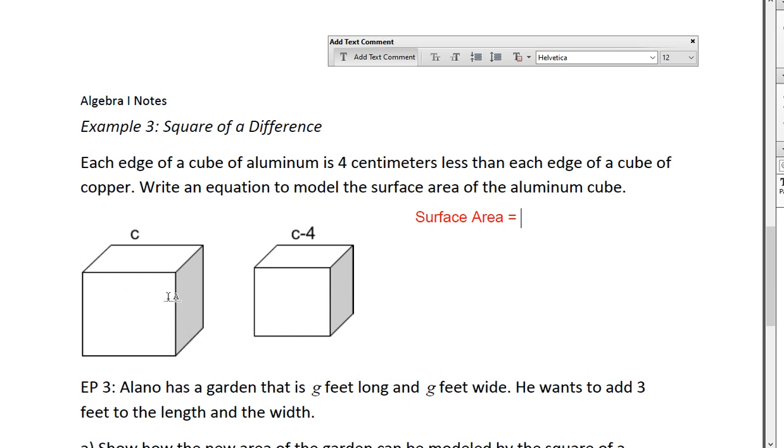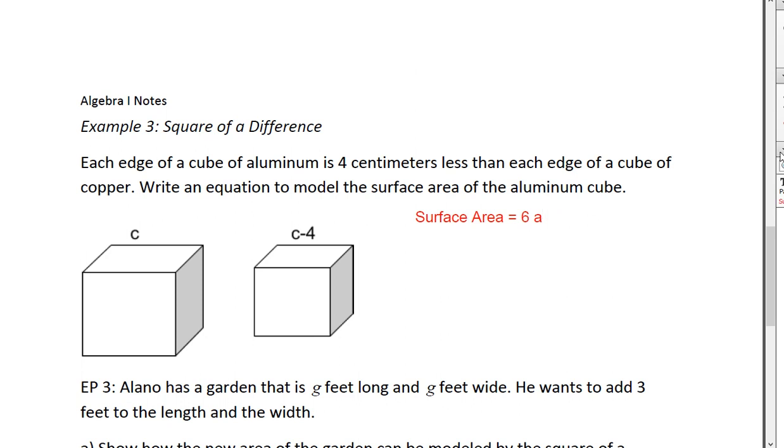It's just 6 times the area of a side, which would be c times c, or c squared. So 6a squared, that's what we're looking at, a being a side, because it was c times c, length times width.